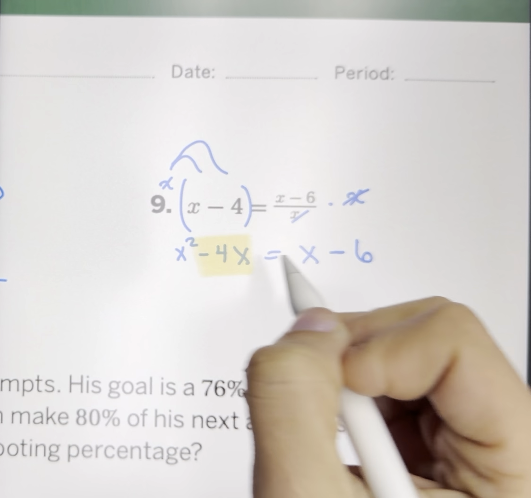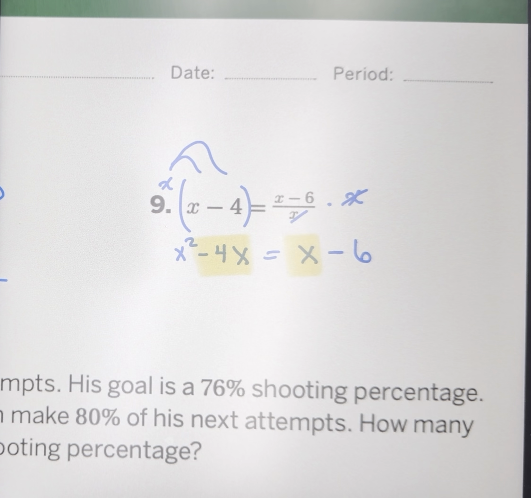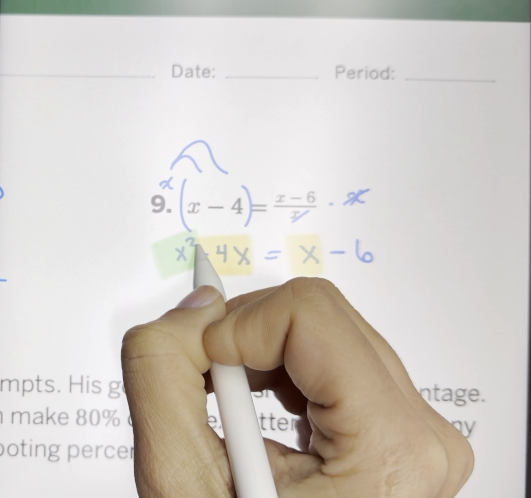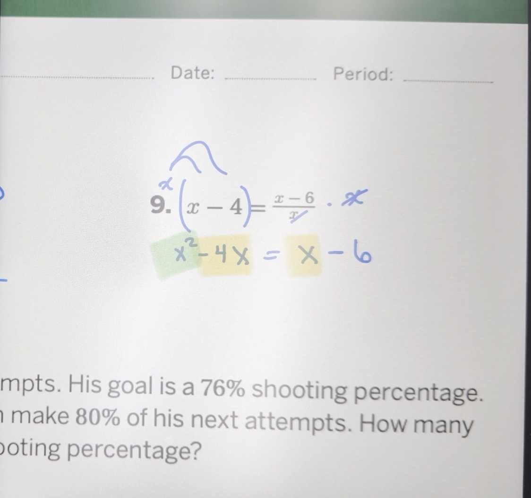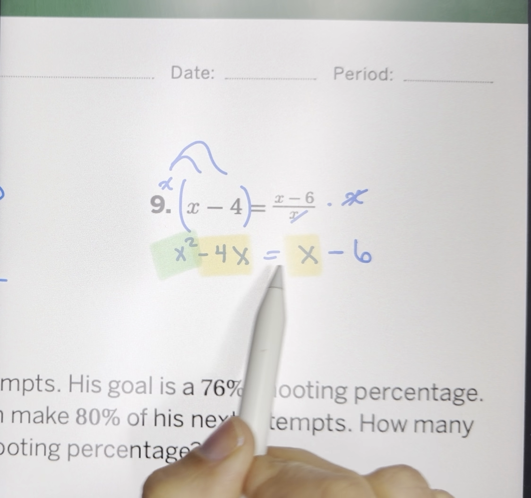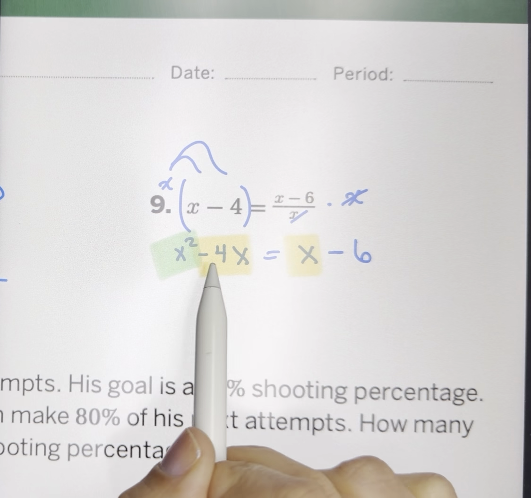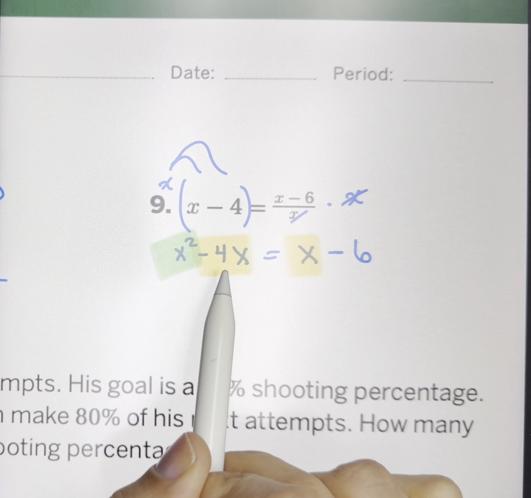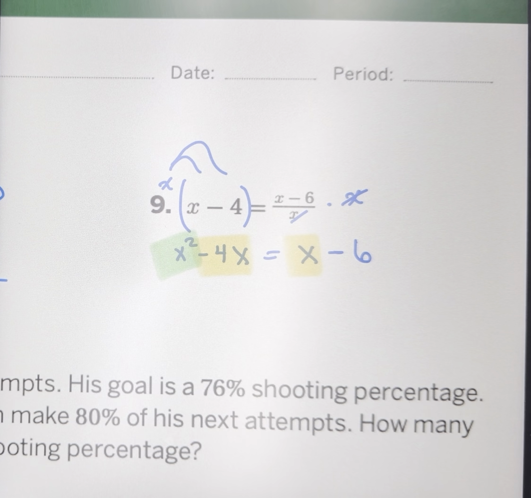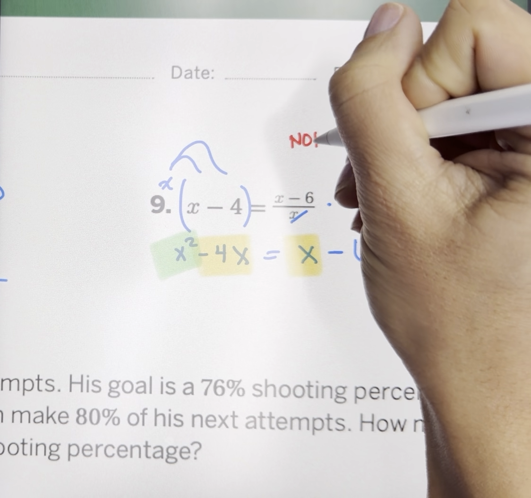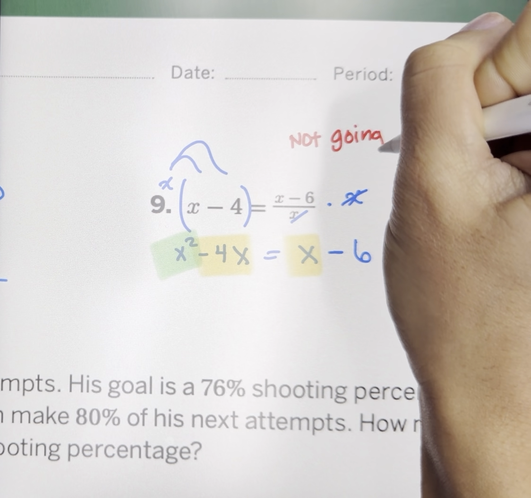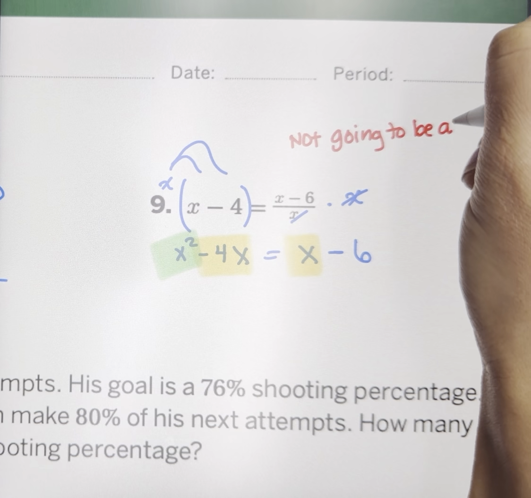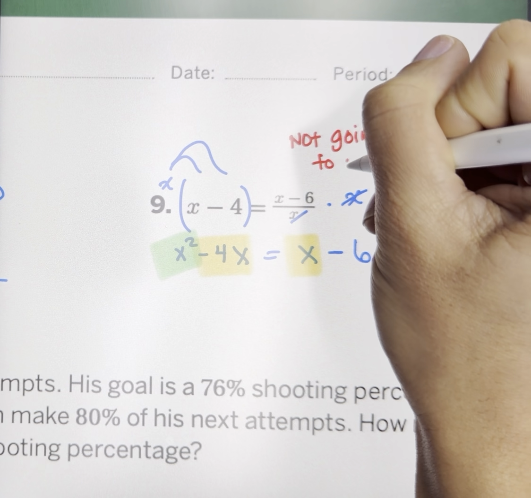We can combine that and that, okay? However, a quadratic, that one's squared, is not a like term with these guys, okay? So the best I can do is combine my yellows. I'm still gonna have the green and whatever these combine to. In this situation, it is not going to be possible to isolate x.